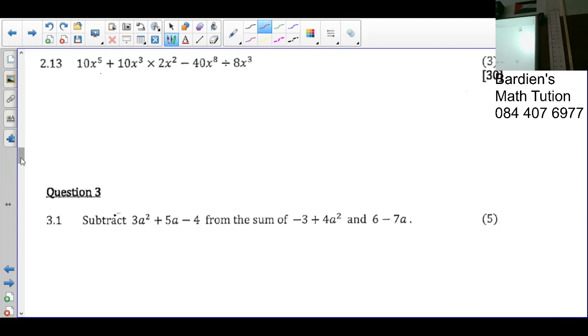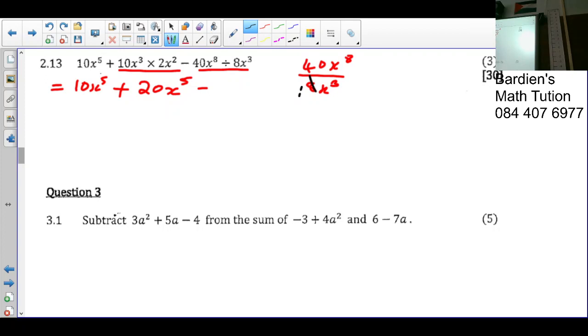So before we can add these terms, I must simplify according to BODMAS. Not so? So what is 3x cubed times 2x squared? That will give us 6x^5 minus, now 40x^8 divided by 8x cubed. 8 goes into 8 once, 8 goes into 40 5 times. So it's going to be 5x^5.